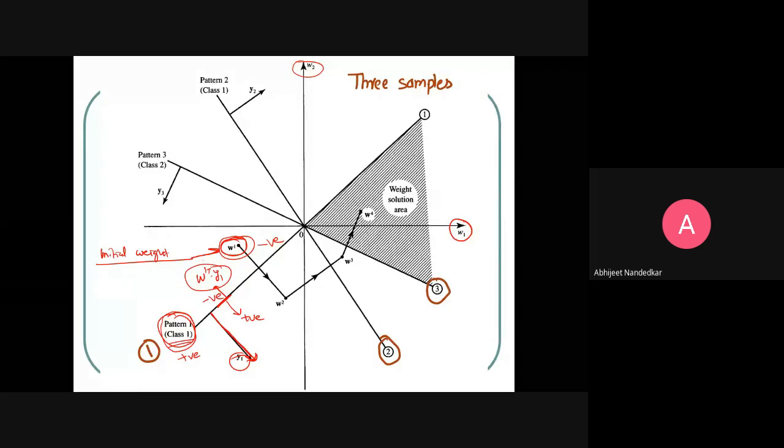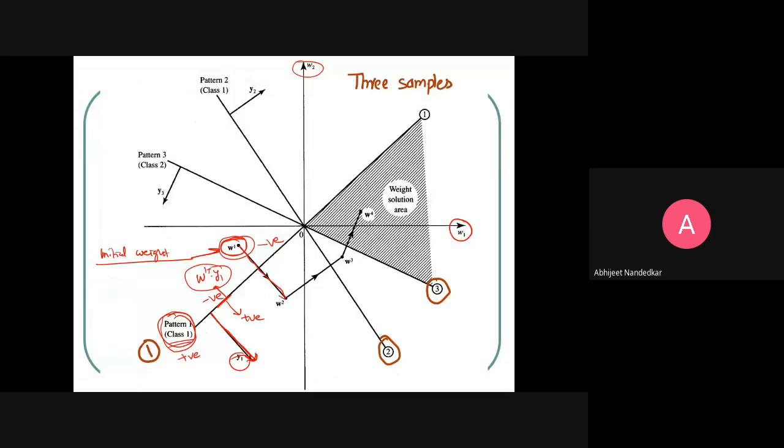So what to do? You add now a component of y1 in this direction and change your weights, say from w1 to w2. So what will happen? You are now moving from this position to this position. Okay, so you have crossed this line where w transpose y1 is equal to 0. Now you have crossed this line, so you will reach here.